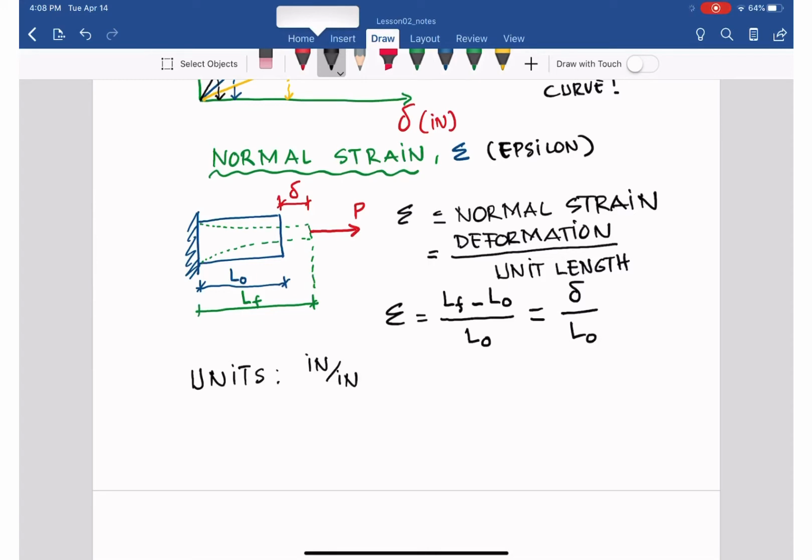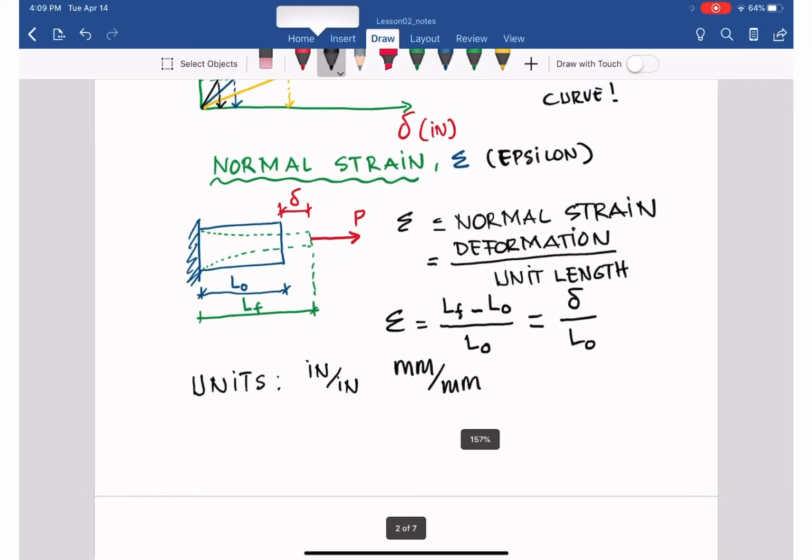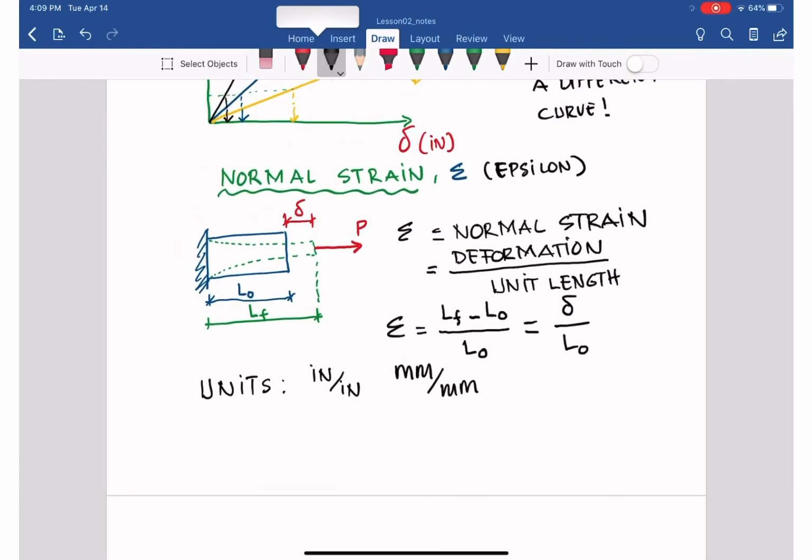But we should specify the unit of the normal strain instead of putting no unit. Or in the metric system, we can call it millimeter over millimeter. Why do we use a small unit for the distance? Because normally the deformation is not that big. If it's big, the structure is already in failure.